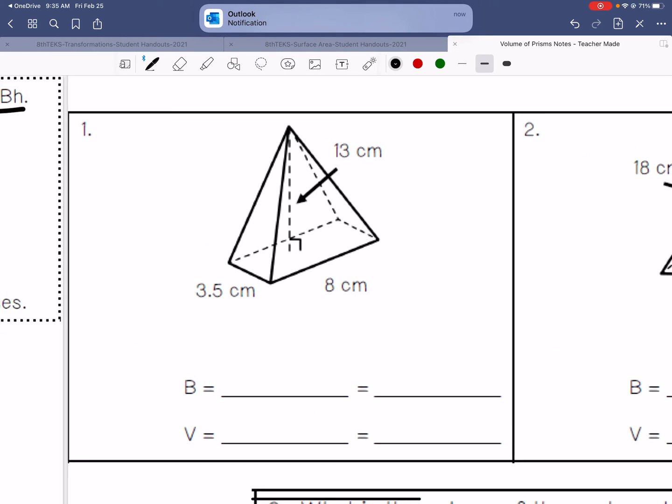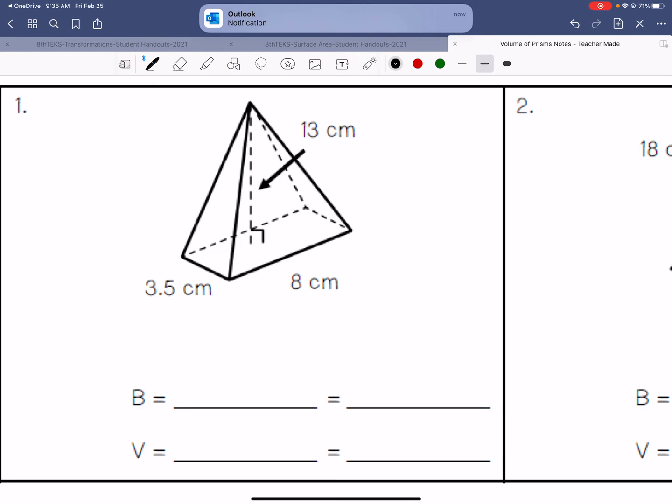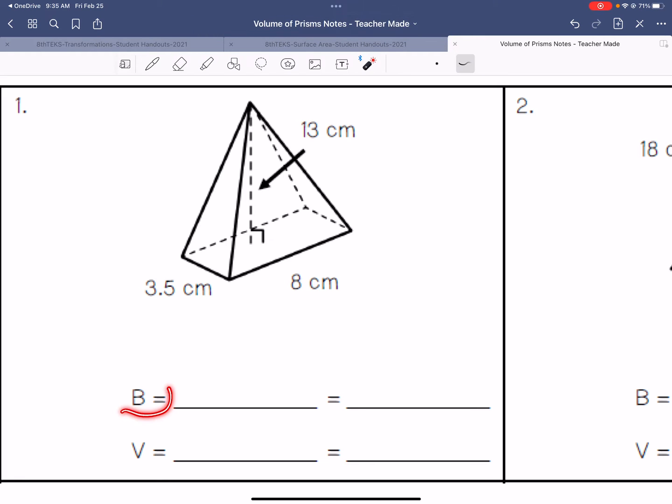So question number 1. We have a pyramid, and it is asking us to identify what the area of our base is, and then it's asking us to find the volume. So area of the base. We are first going to shade our base so that we remember which two numbers are on our base, and that's going to be the 3.5 and the 8.